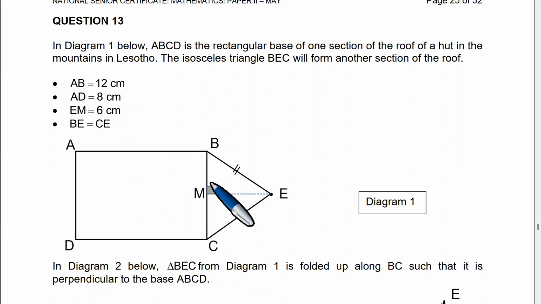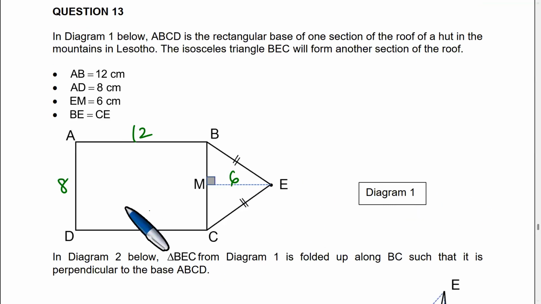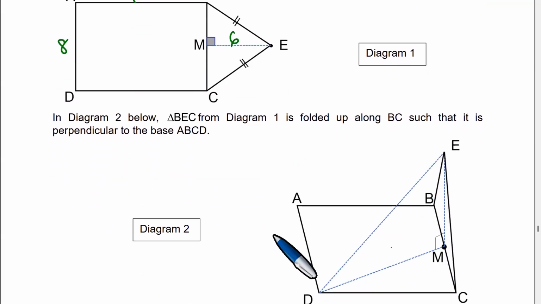Right, AB is given to be 12. So AB is 12, you have AD is 8, you have EM is 6, you have BE is CE. BE is CE, okay? This is diagram 1. And then there's diagram 2.